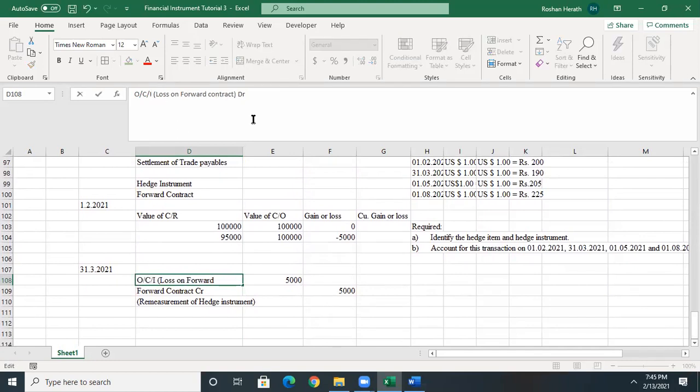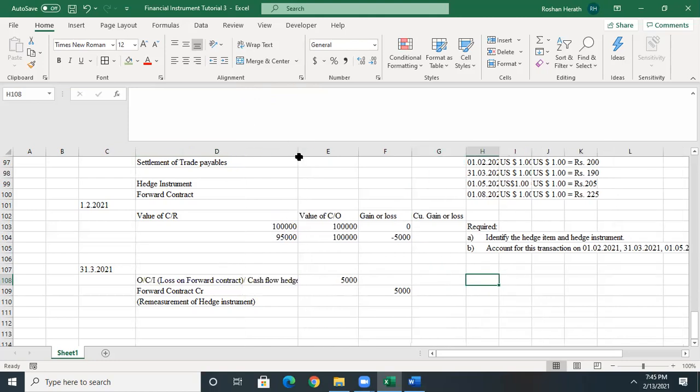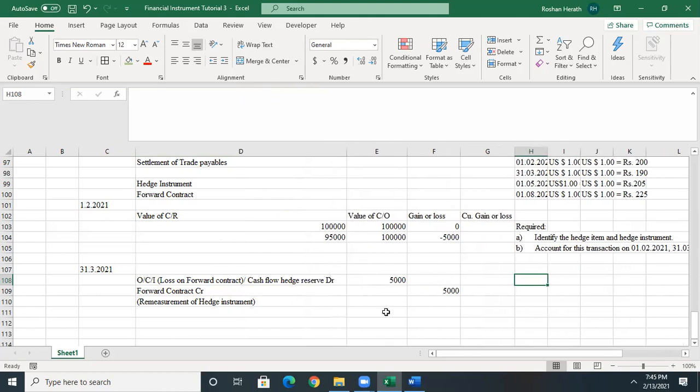OCI, or even you can say it must be taken to the cash flow hedge reserve. Right. So that is about the remeasurement. You have taken them there.